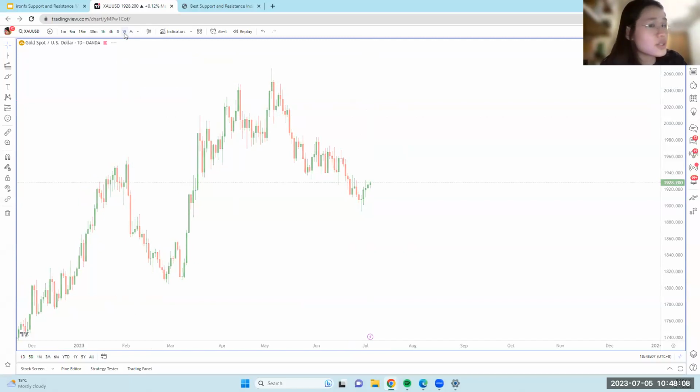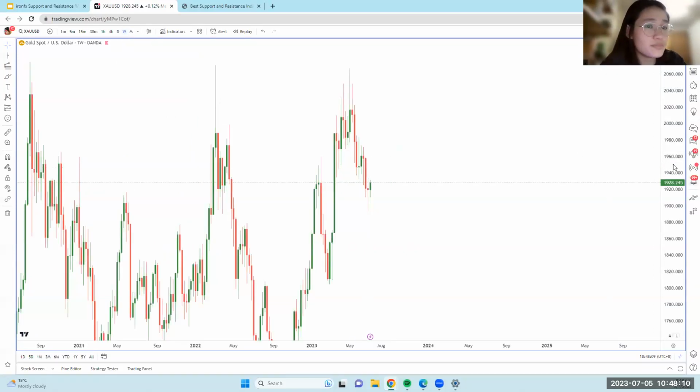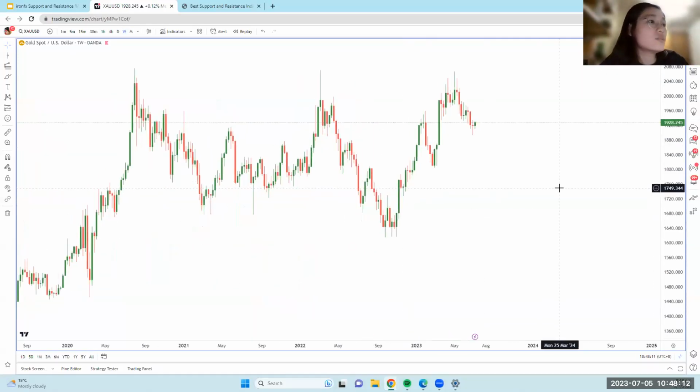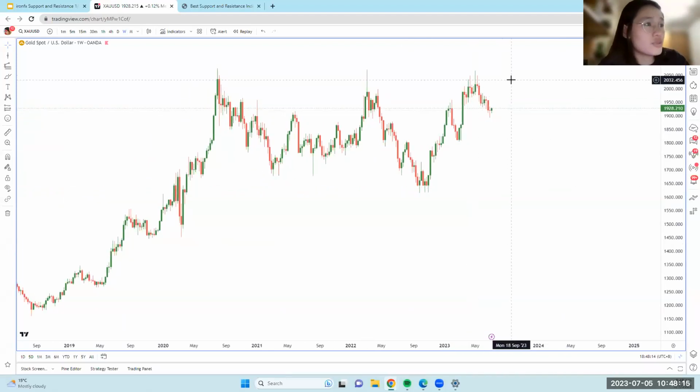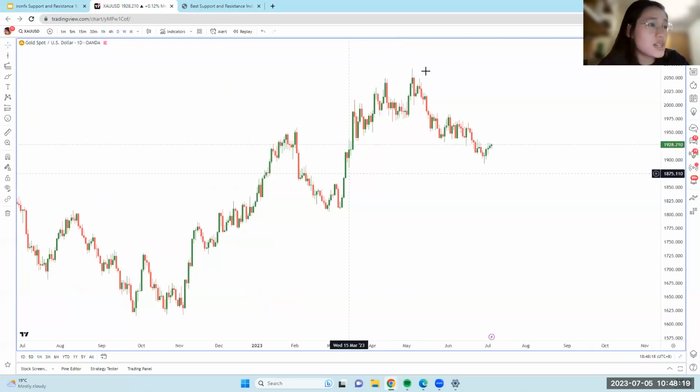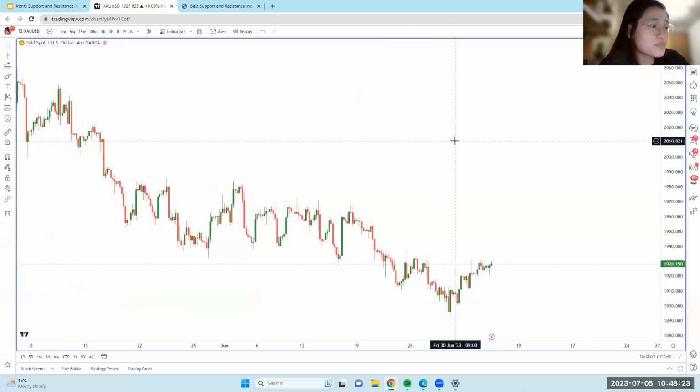Okay, so same thing, we'll look at the higher time frames first. We can see price reversing off of these three swing highs. Daily time frame also giving us kind of a bearish momentum.